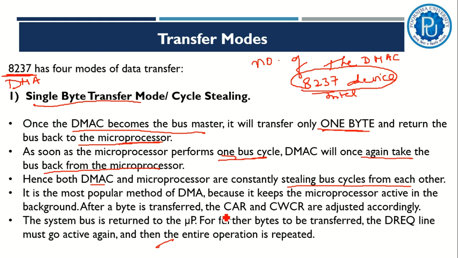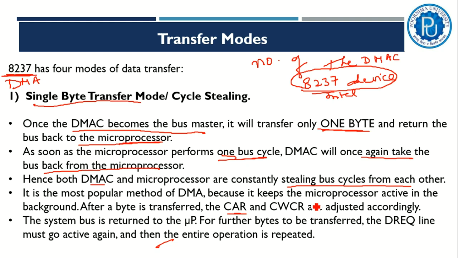After a byte is transferred, the CAR and the CWCR, the address register and the count register, are adjusted accordingly. The CAR is the address register for the DMAC, and CWCR is the word count register.